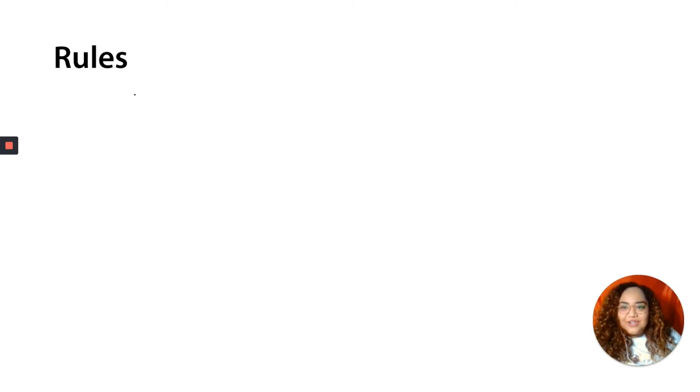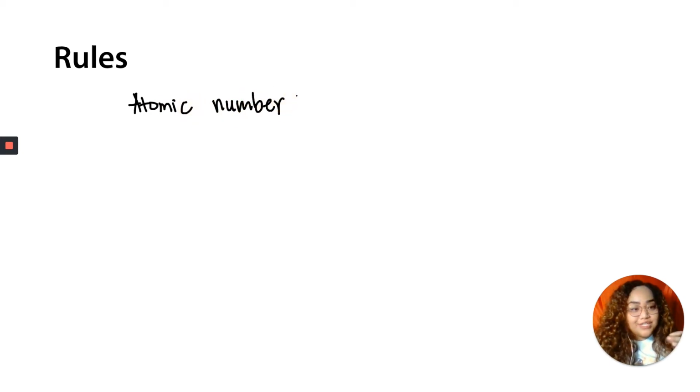Okay, so let's start with the atomic number. The atomic number of your element is unique. Now, if you look at your periodic table, it is numbered from 1 to 100 plus, right? So each slot or each number is unique to one element. So that means the atomic number does not change for that element.